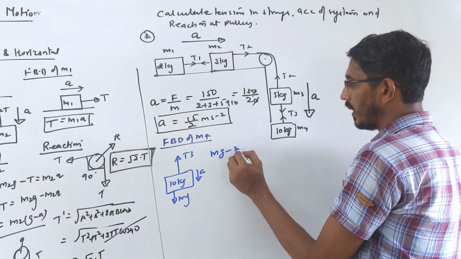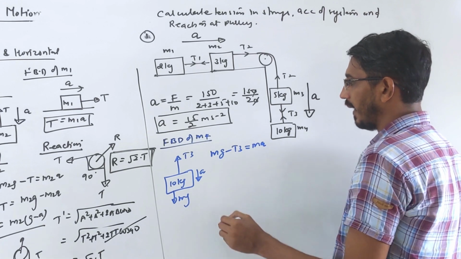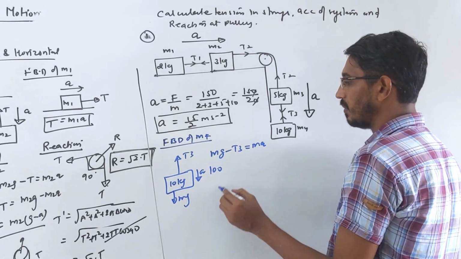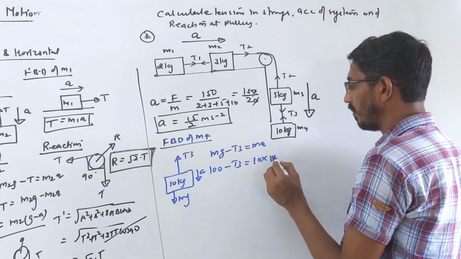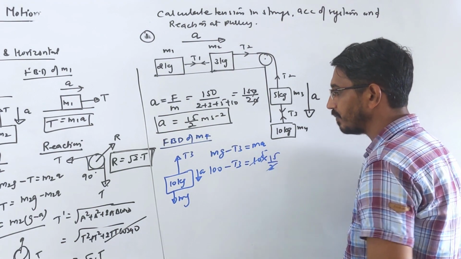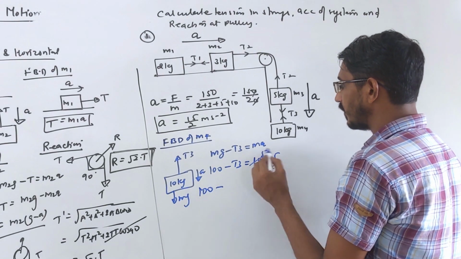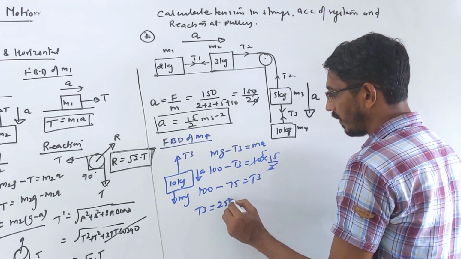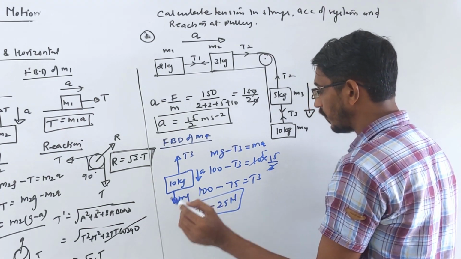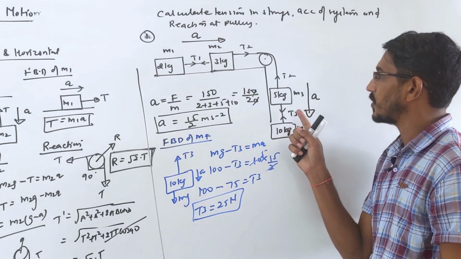So mg minus T3 equals ma. mg means 100 Newton, 10 kg means 100. T3 we have to calculate. 10 into the acceleration we found, 15 by 2, 2 goes 5, so 75. So 100 minus 75, T3 becomes 25 Newton. That's the first tension in this string.